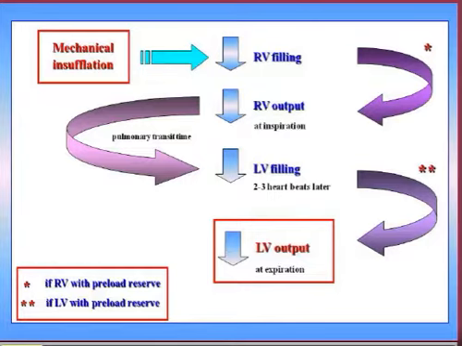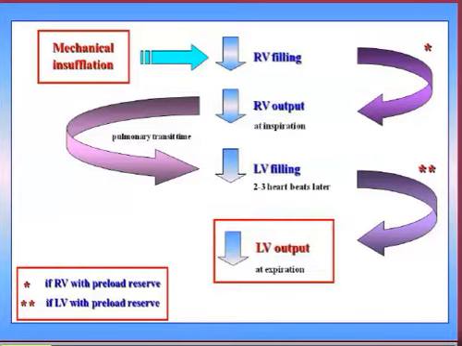This decrease in right ventricular output during inspiration will result in a decrease in left ventricular filling. But this will happen 2 or 3 or 4 heartbeats later because of the long pulmonary transit time. And so this will happen at expiration in general. And the decrease in left ventricular filling will result in a decrease in left ventricular stroke volume at expiration, of course, if the left ventricle has also some preload reserve.